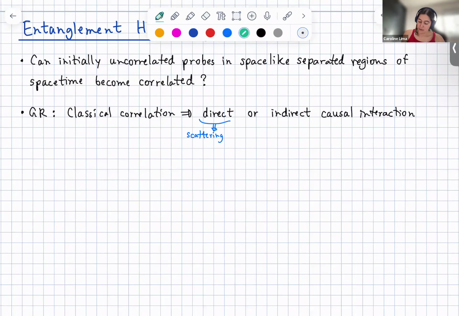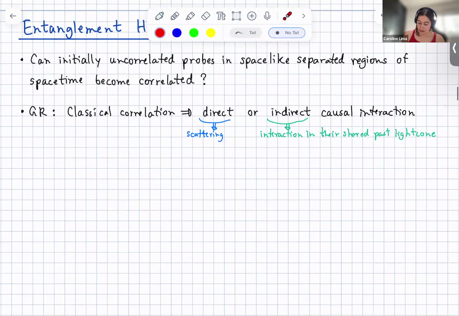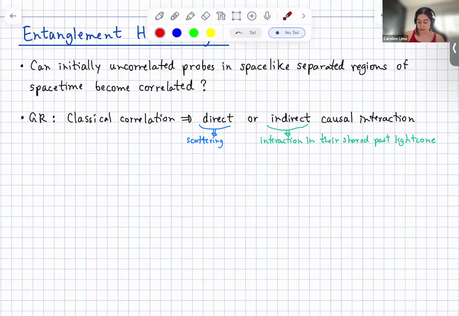Now, for indirect, we can think of basically there was some interaction in their shared past light cone, right? But here we're assuming that the two probes are initially uncorrelated. So this is not the case here.